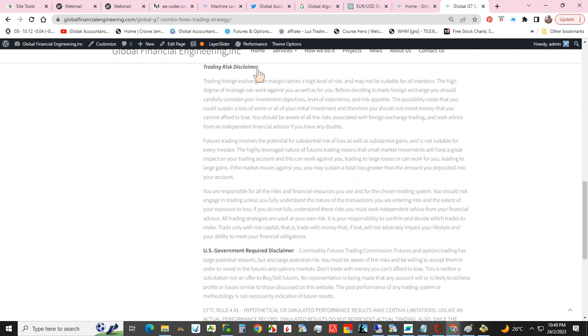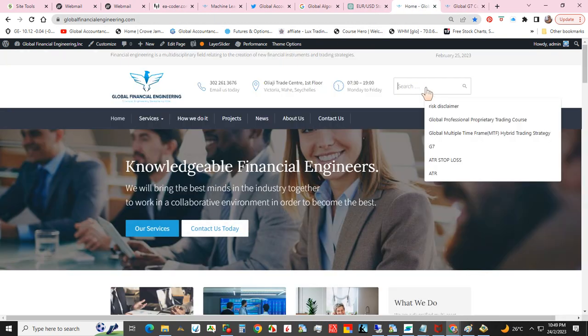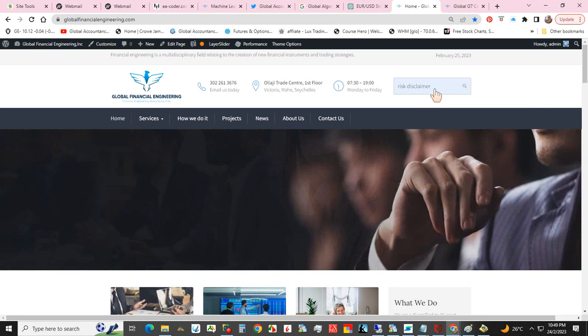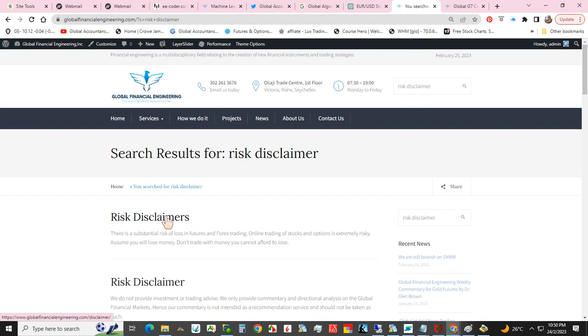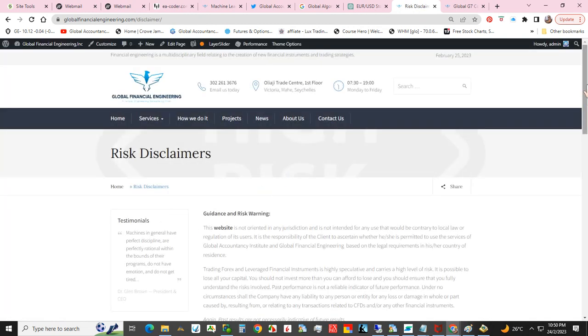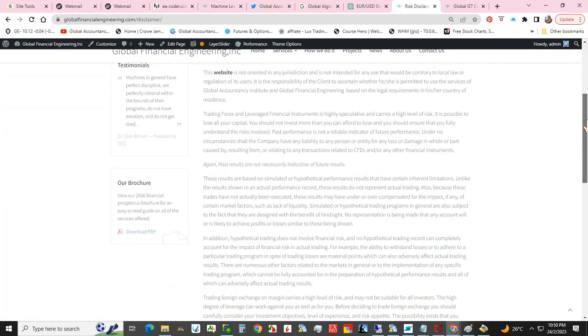We have already indicated that for persons who are not able to see clearly the risk warning, from our main site you can type in risk disclaimer here. When you go to that risk disclaimer, you can pick any one of them and you'll see the complete risk disclaimer.